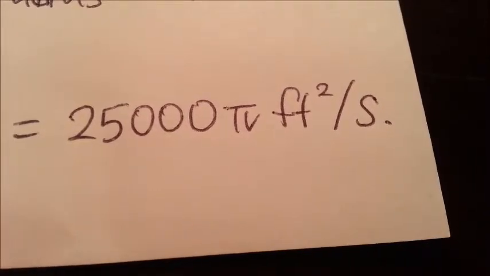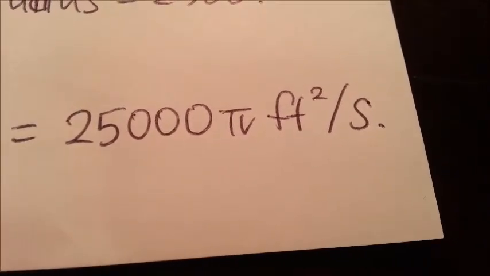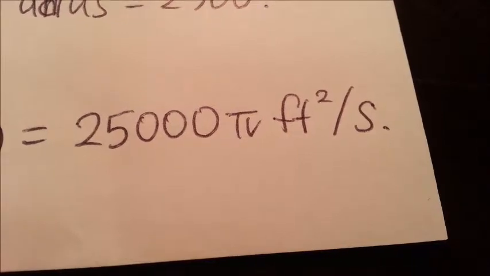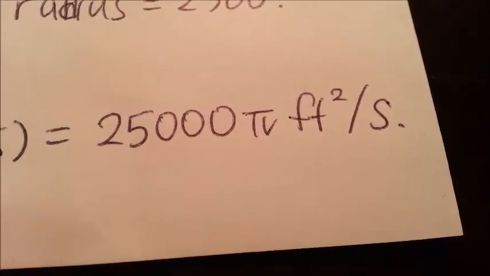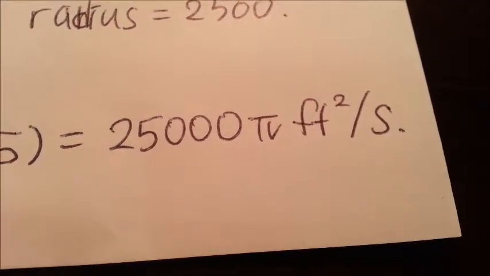So 25,000 pi square feet per second is how fast the area of the spill is increasing when the radius of the spill is 2500 feet.